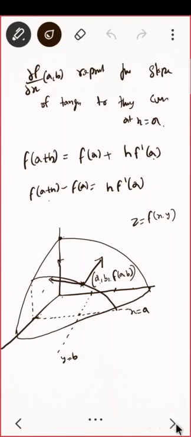If you are having two variables, that is, in case of two variables, let us say the point (x, y) equal to (a, b), the corresponding point on the surface will be (a, b, f of a, b), which I just now showed to you, correct?